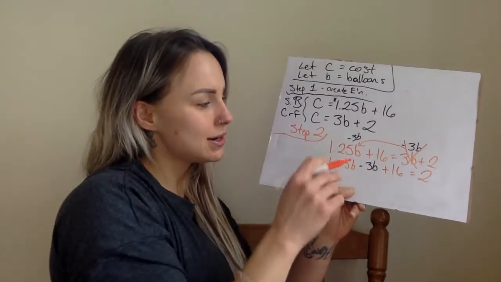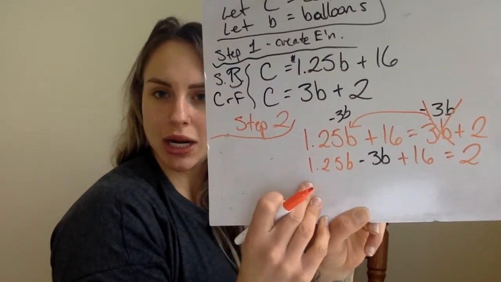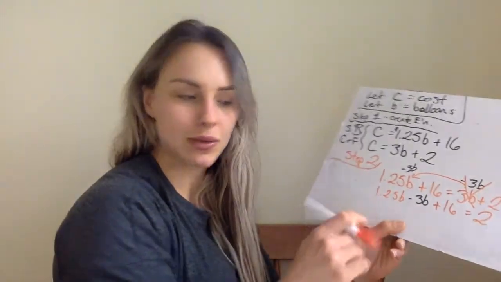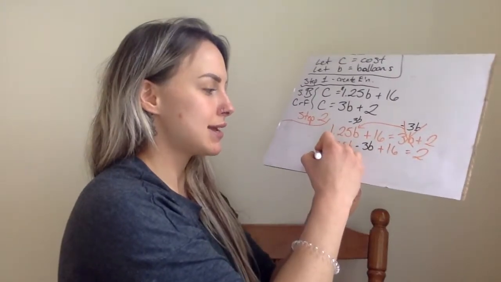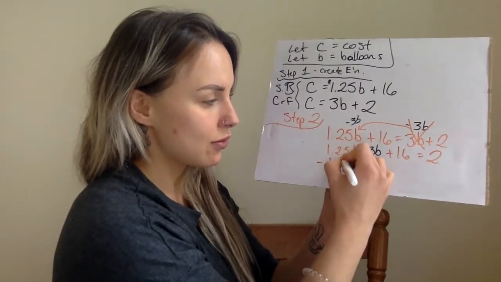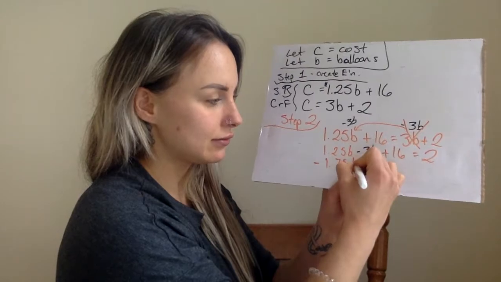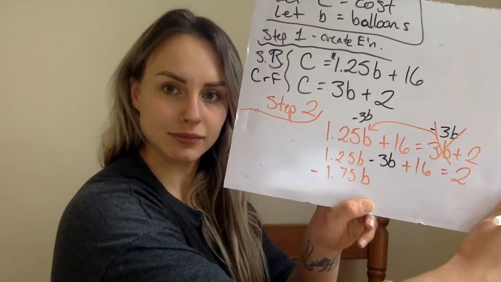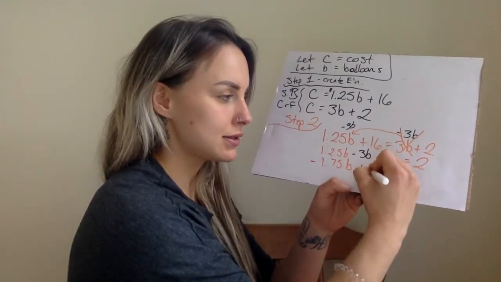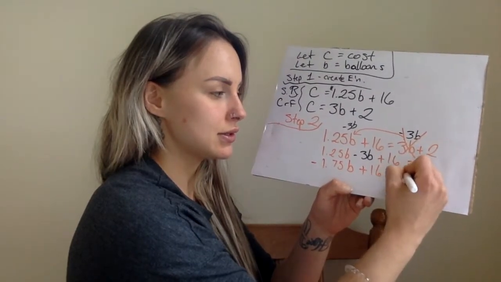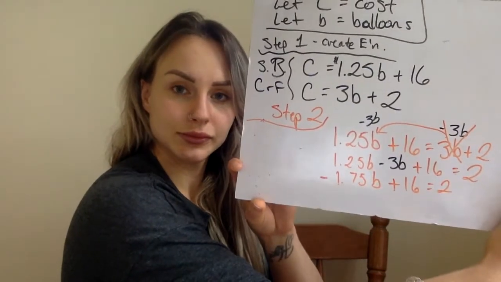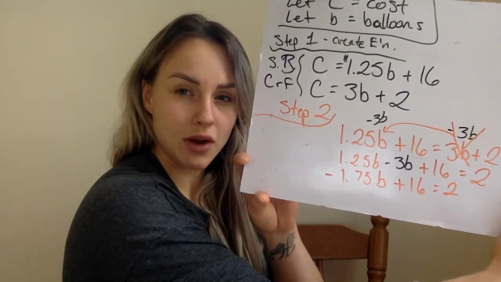And then when we do this part here, you can get a calculator, that's totally fine. We get negative 1.75b plus 16 equals 2. Okay, so that's what we're at so far.